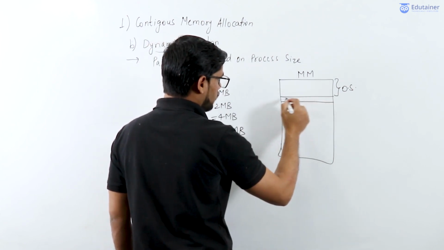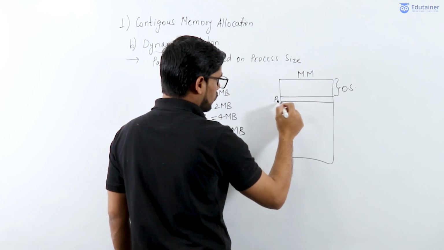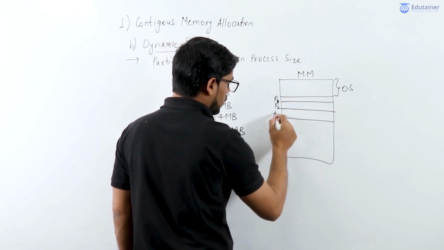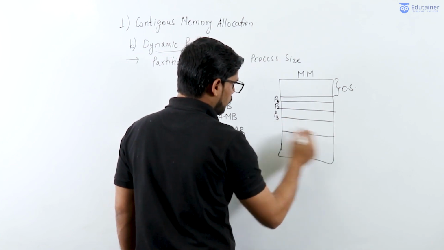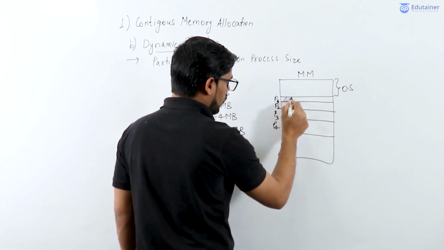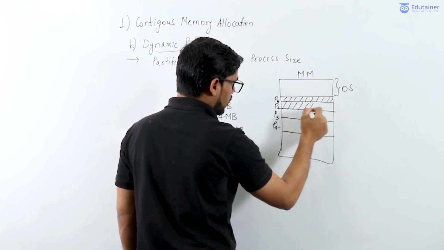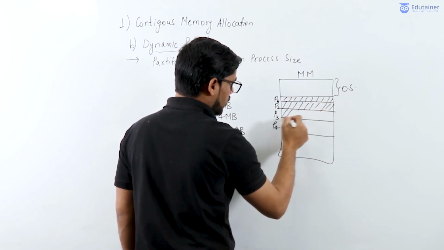So process P1, process P2, process P3 and process P4 all would be fitted in their required space.